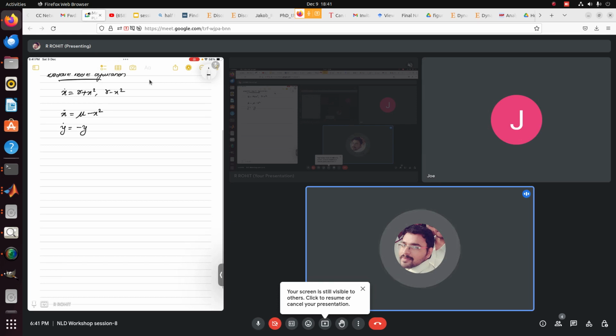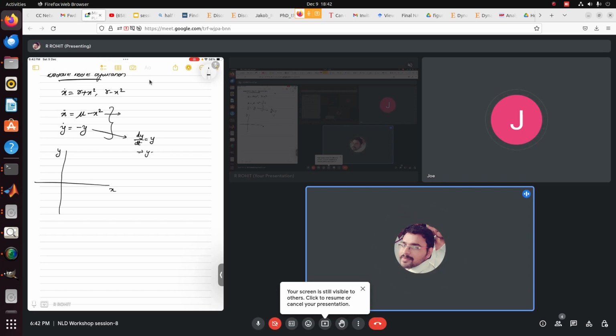Qualitatively, there will not be much change in the x direction, only when you plot the y axis. When plotting the phase plane, you have x on this side and y on this side. Now observe the second equation, dy by dt equals minus y.